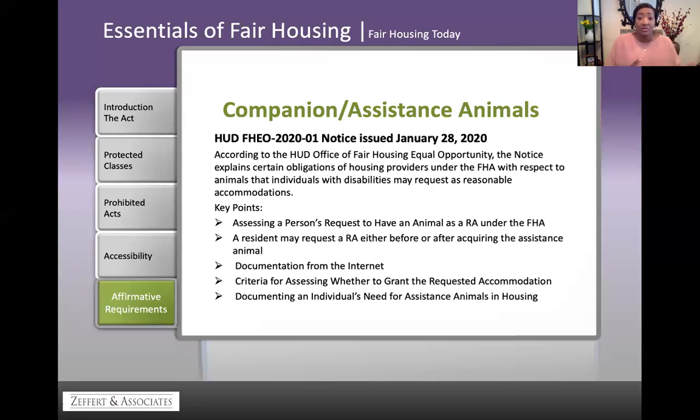Because that's what an assistance animal is, trained to perform a certain task or emotional support. What is it needed for, for that person with a disability, emotional support, period. Those are the only two questions we need answered when the nexus is not obvious.